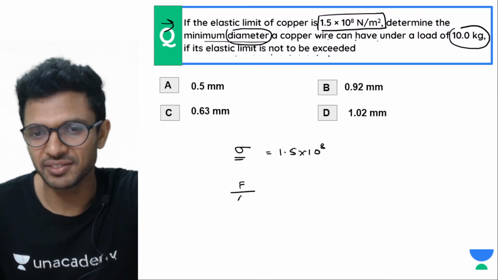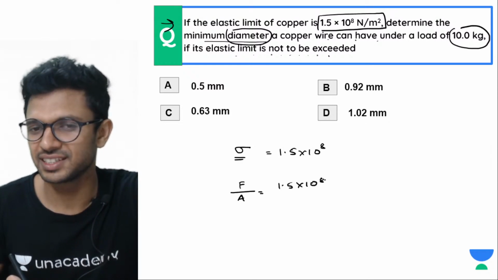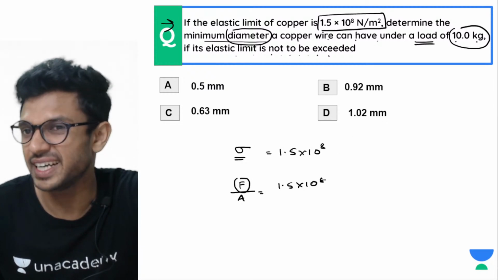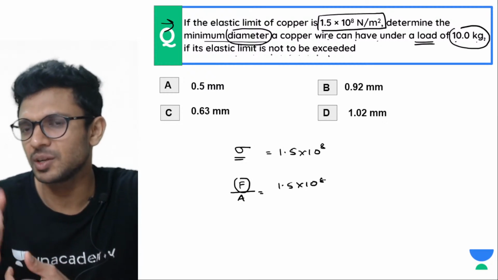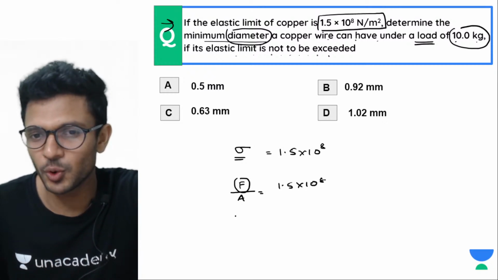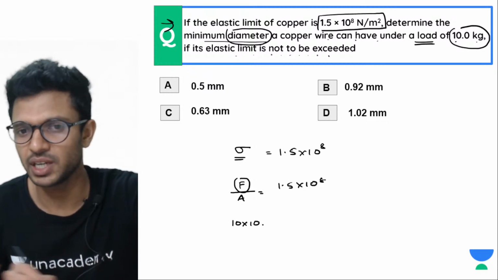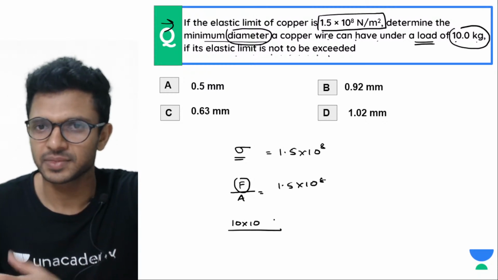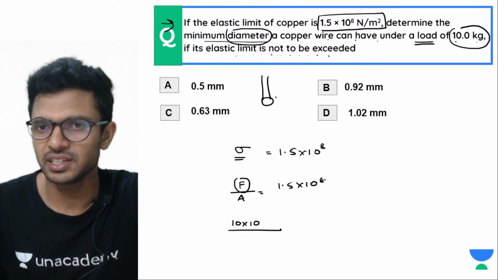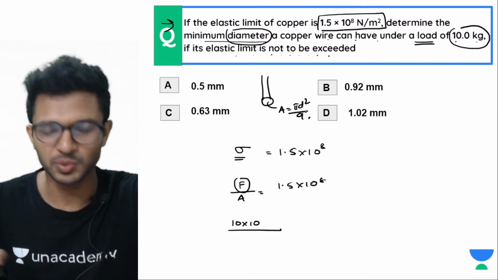It is force divided by area, that is 1.5 into 10 power 8, isn't it? Is force given? Yes, it is given a load of 10 kilogram. What is the force given by 10 kilogram of a body? mg, its weight. So the force is mg, that is 10 into g, that is 10 into 10, divided by the area. We know that all the wires have a circular base, where the area is pi d square by 4. Substitute that here.